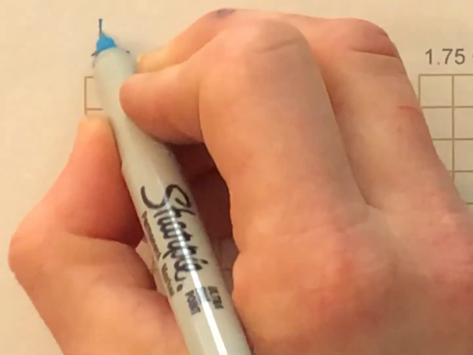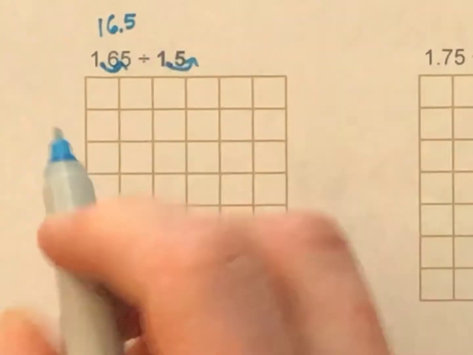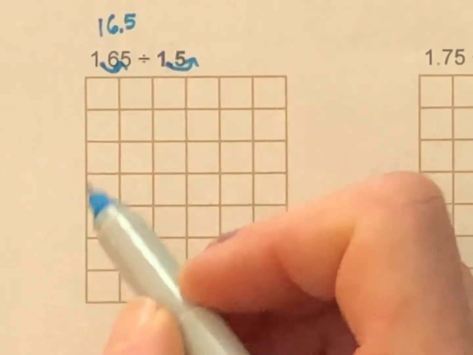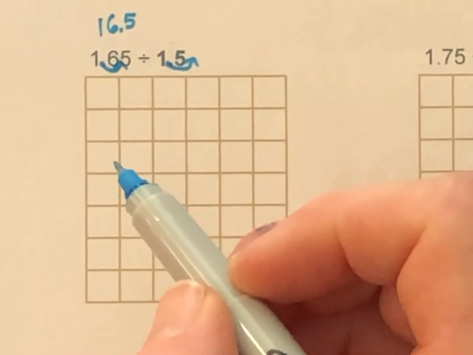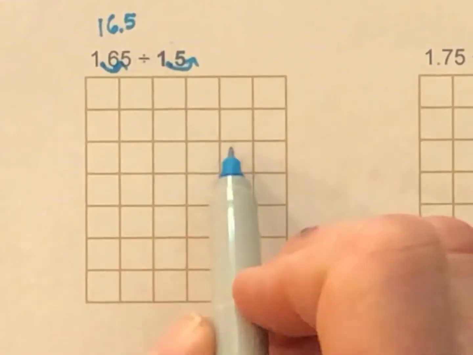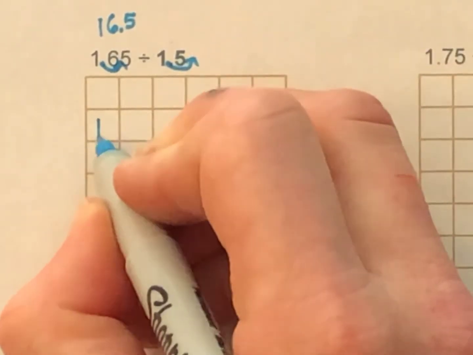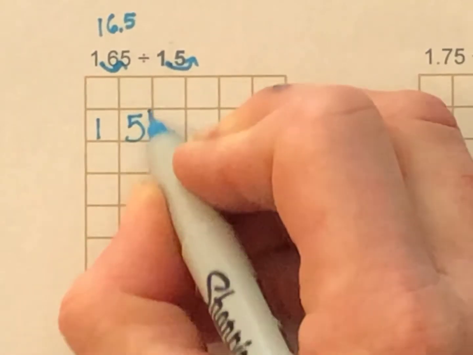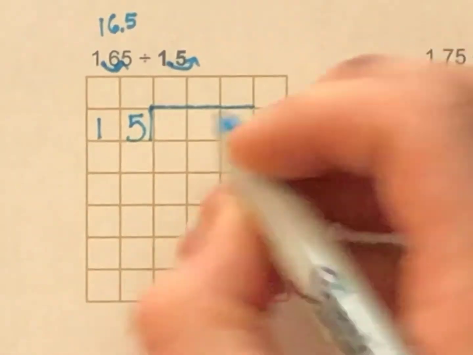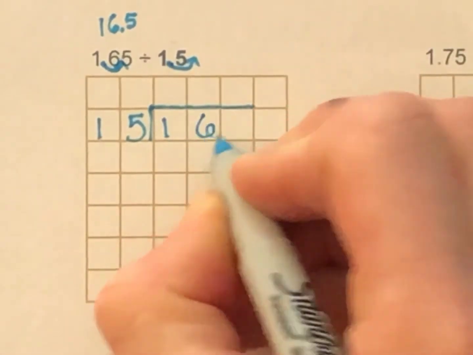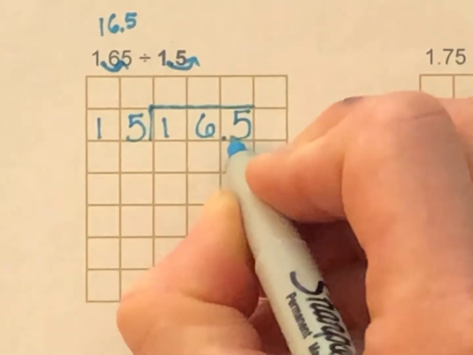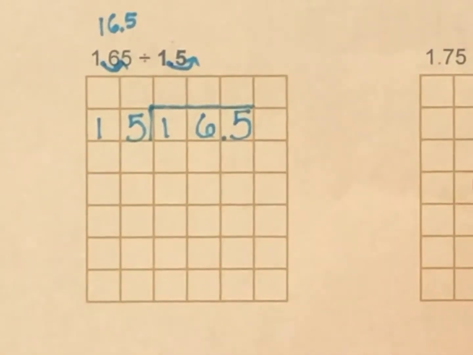It's now 16 5/10. But that's okay because you've done lots of long division with decimals in the dividend. That doesn't matter. So I now have 15 into 16.5, 16 5/10.